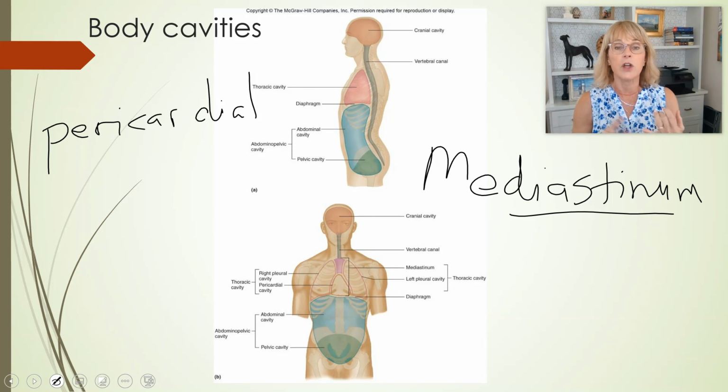But the truth is, the heart is in the pericardial cavity that sits in the mediastinum that is inside of the thoracic cavity. So generally, when it comes to anatomy, we just like you to put the most specific answer. So for the heart, you would want to put pericardial cavity. Okay? Those are our body cavities. Okay, next video.